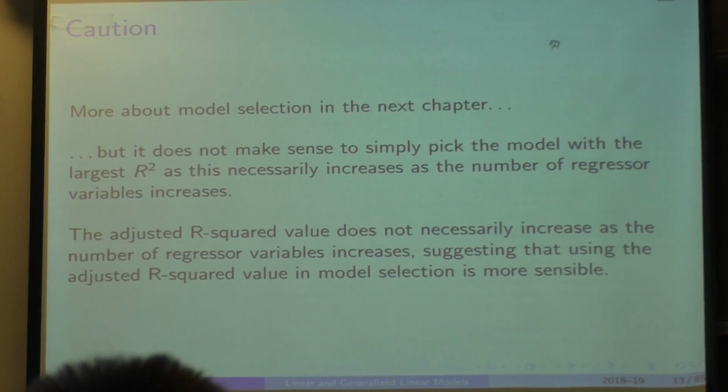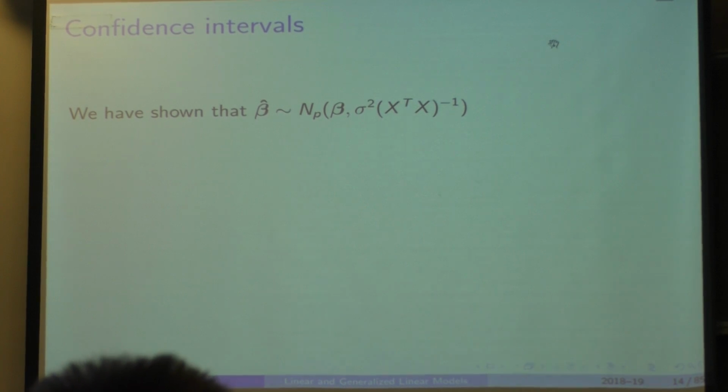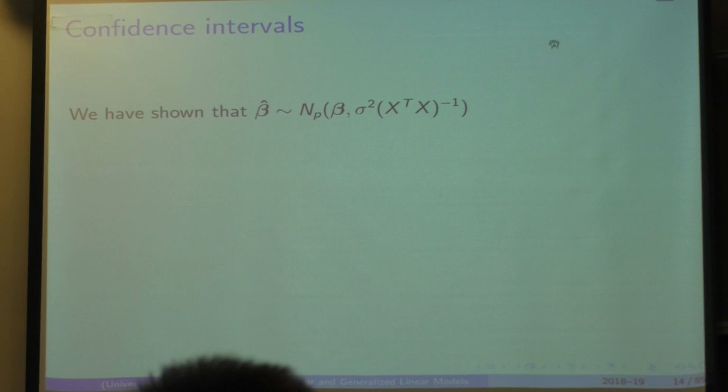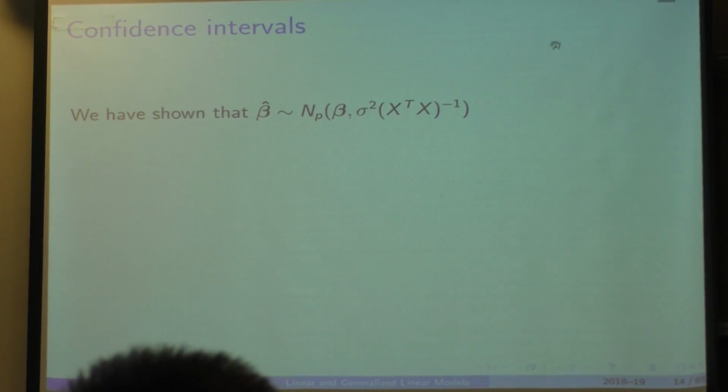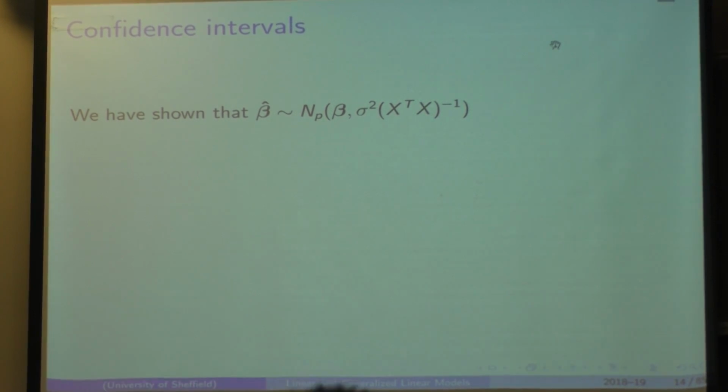Okay, so that's section 1.7 on R squared. So I'm now going to move on to next section, 1.8, which is about confidence intervals. Now, there are two sections, 1.8 and 1.9, on confidence intervals, and I will quickly explain the difference between them. In section 1.8, we are interested in confidence intervals for the estimates of the coefficients.